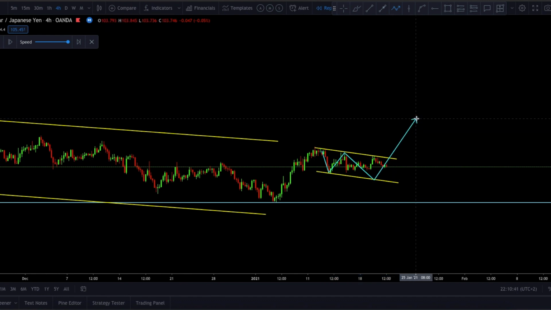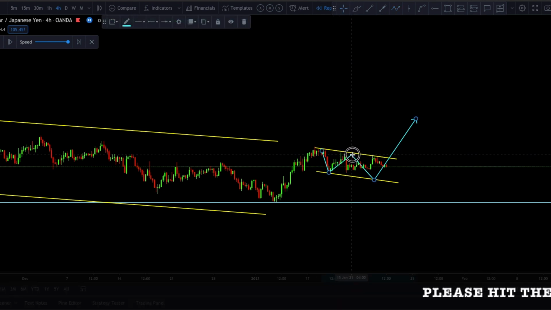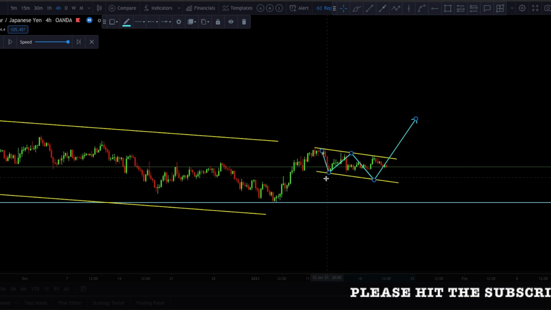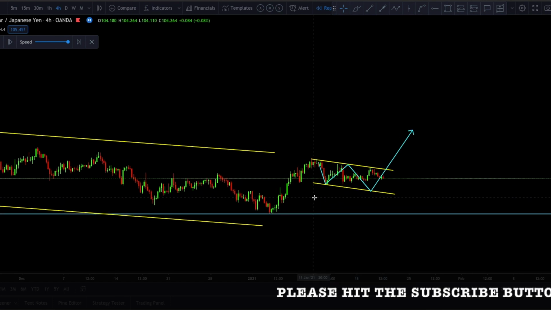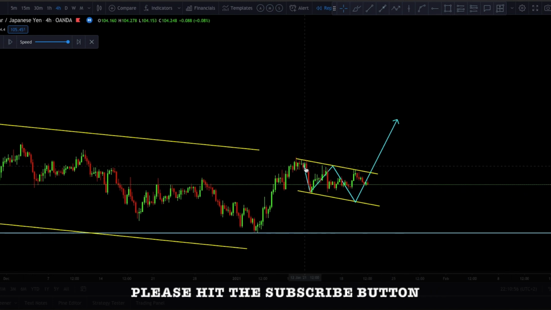That is where most of the people are losing out on the trades, or they are missing out on the trades, because they're waiting for the market to come exactly to their level. The market won't do that, but if it comes exactly to your level, it gives you more confidence.